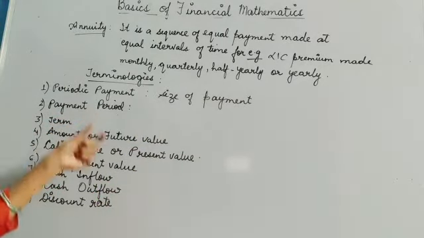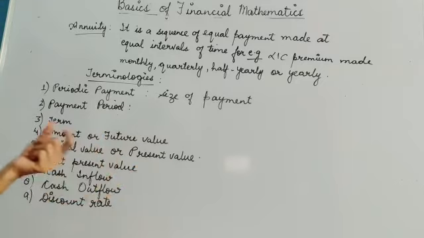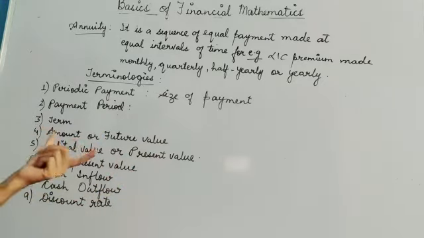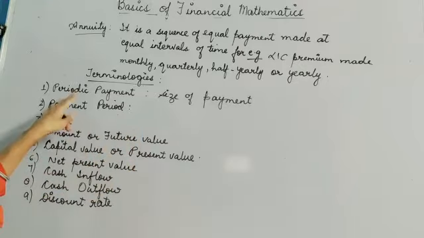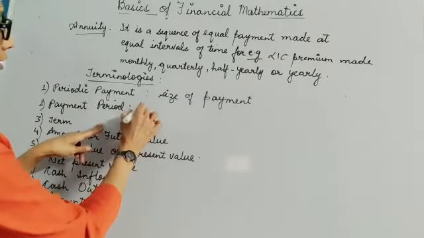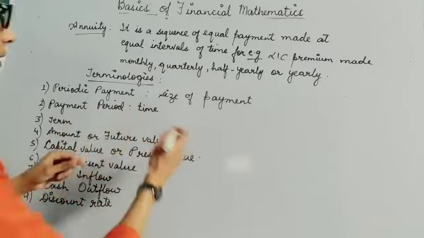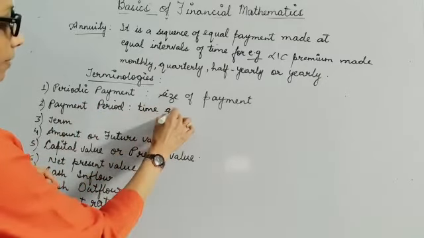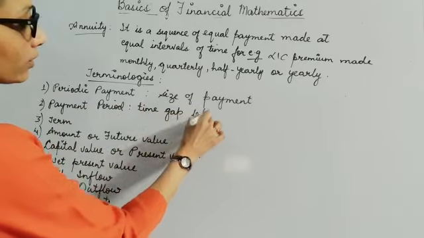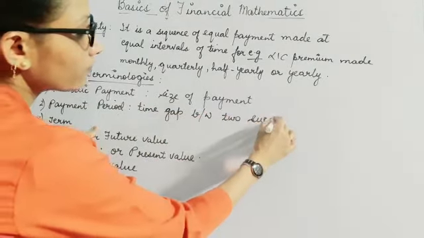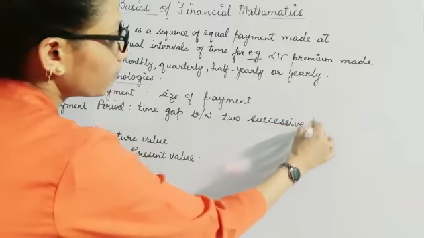Payment period, this is the duration, the time gap between two successive periodic payments. Time gap, this is the time in between two payments.